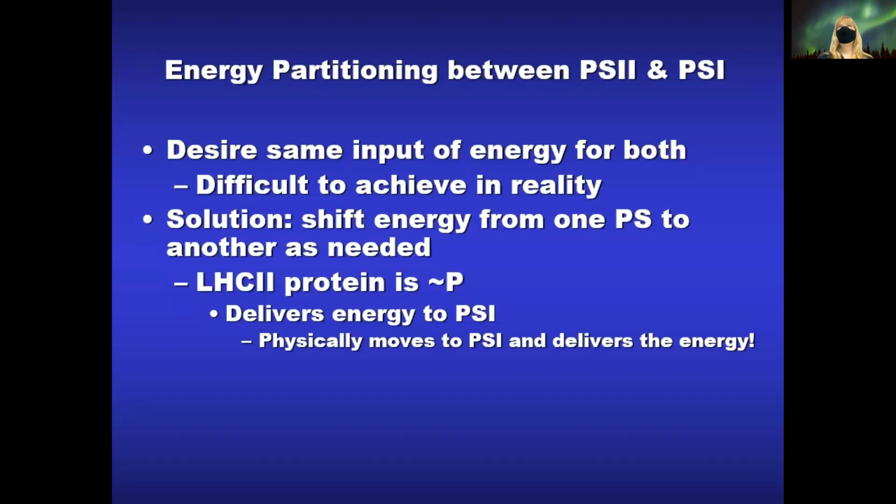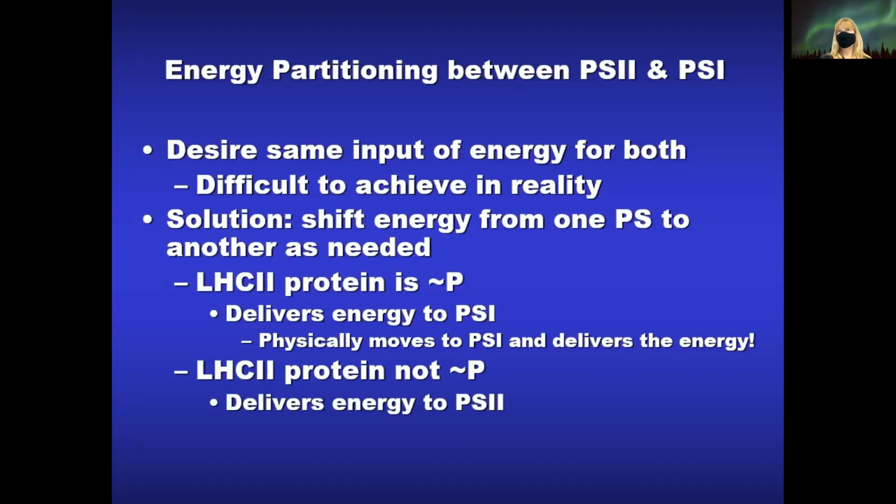So it's this way of compensating where if photosystem 1 isn't getting enough light energy, this phosphorylated form of the antenna pigment can move and associate with photosystem 1. If that antenna pigment complex is not phosphorylated, that's also telling the plant, oh okay, I'm just going to keep the LHC2s around photosystem 2 and just keep doing that. Everything's good.